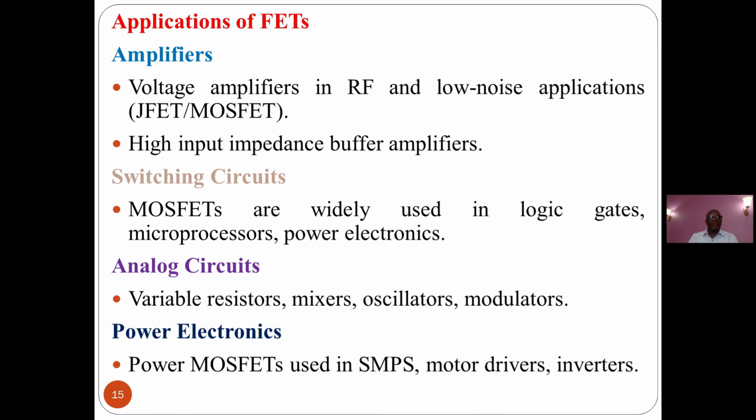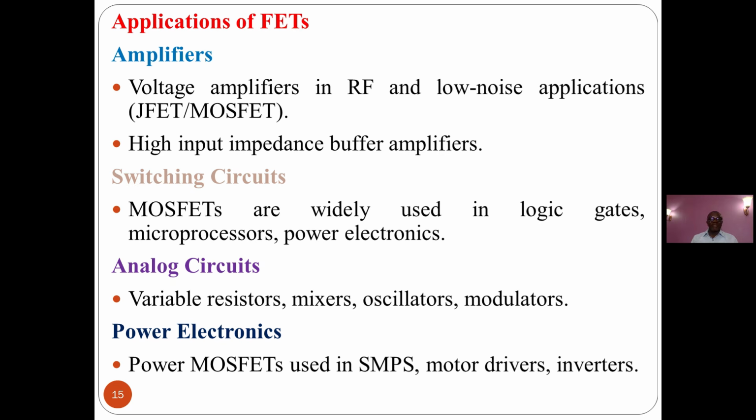Now, what are a few applications of these field effect transistors? As we go on, we will also see the industrial applications of it. The first one is amplifiers. They serve as voltage amplifiers at the radio frequency range, and at that range, low noise is of importance.